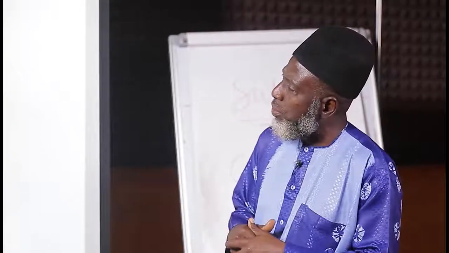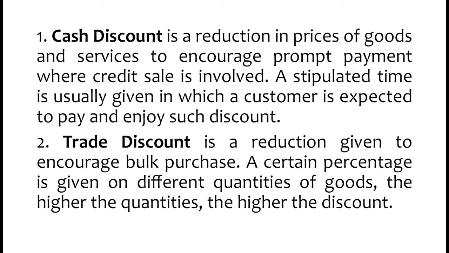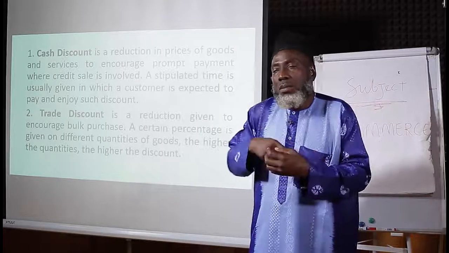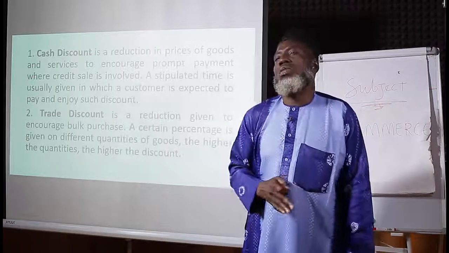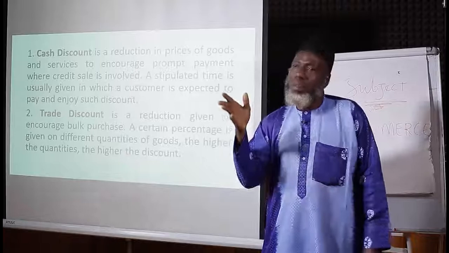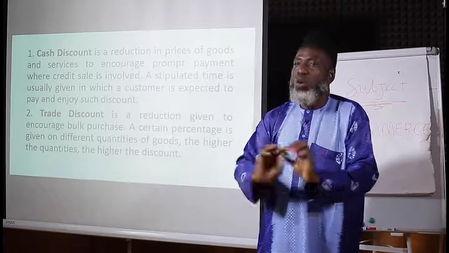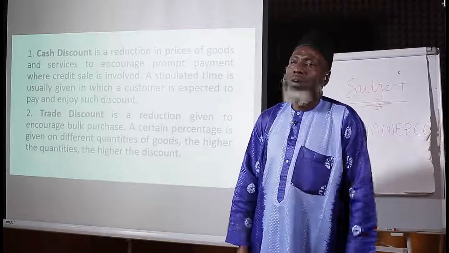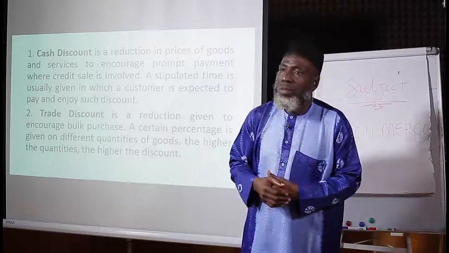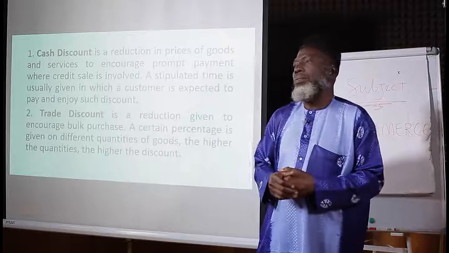Now, the cash discount is a reduction in the prices of goods and services in order to encourage prompt payment. This is where goods are sold on credit. Now the seller gives the buyer a discount in order to encourage the buyer to pay in good time, to pay within the specific period of the terms of source.